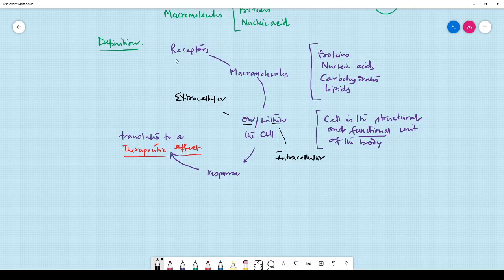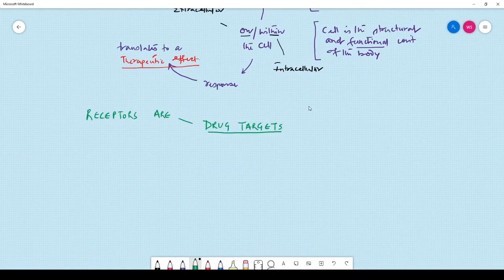So that is the definition of a receptor. Now, receptors are drug targets.